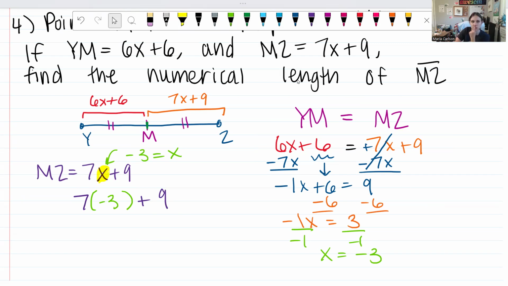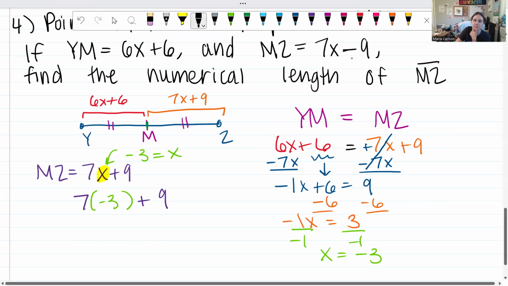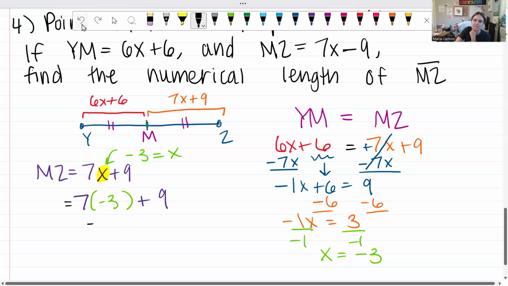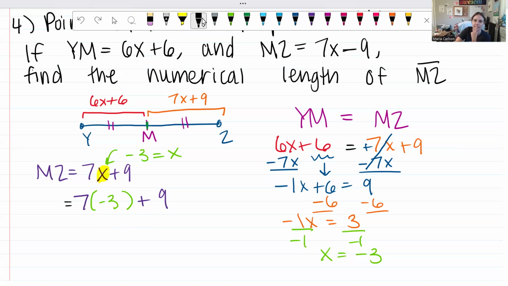I'm not sure where my error was, but I think when I wrote the problem down, this was supposed to be a minus 9. The issue I'm noticing is that 7 times negative 3 is negative 21. Plus 9 is still a negative number, and we can't have negative distance. So I'm guessing this was supposed to be 7x minus 9.